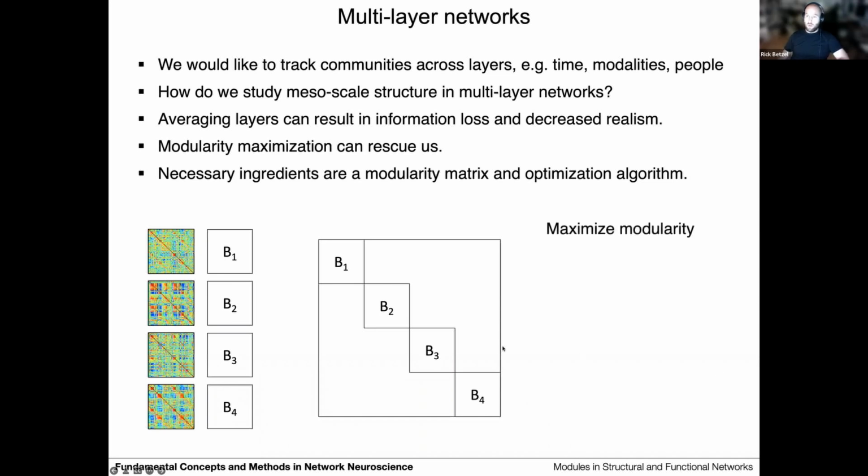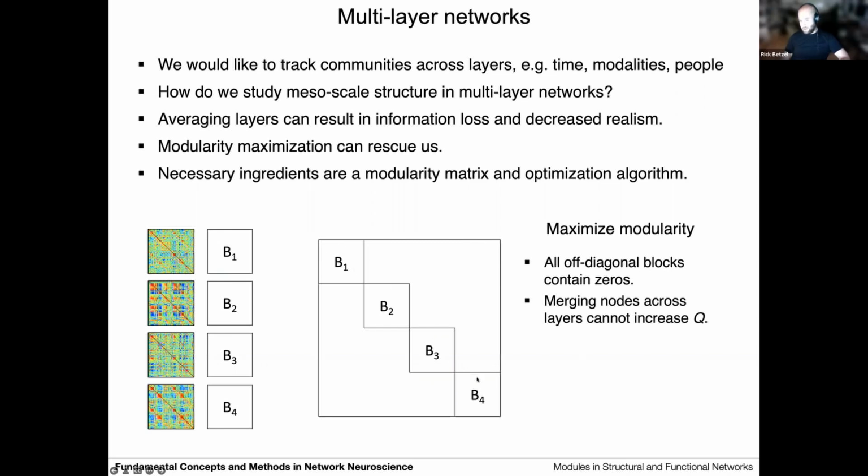If we were to run modularity maximization on this multi-layer modularity matrix as is, it turns out that it's exactly equivalent to clustering each of the matrices independently. That's because they're not interacting with one another. All of the off-diagonal blocks of this matrix contain 0 entries.